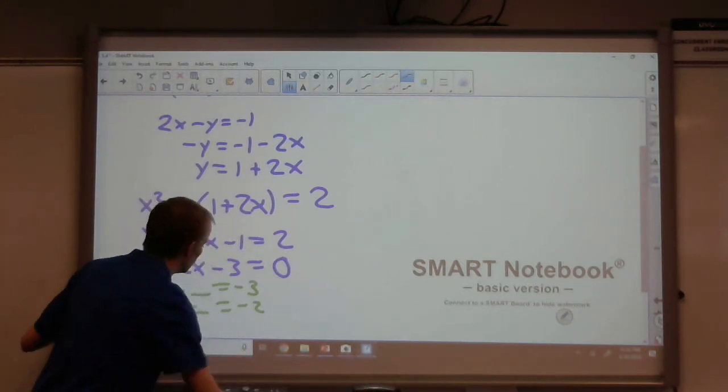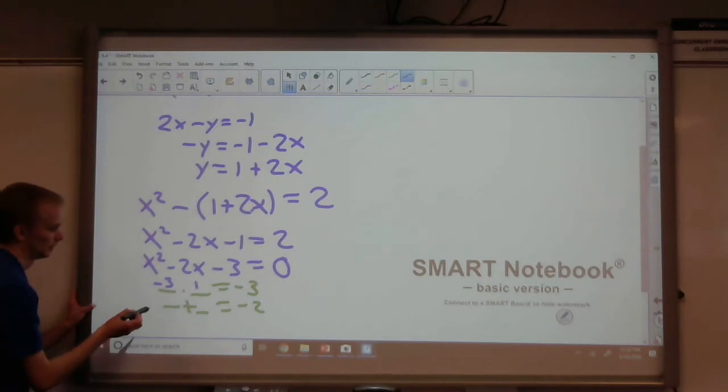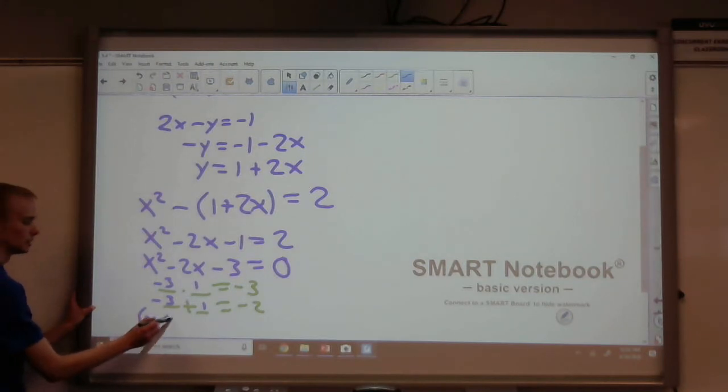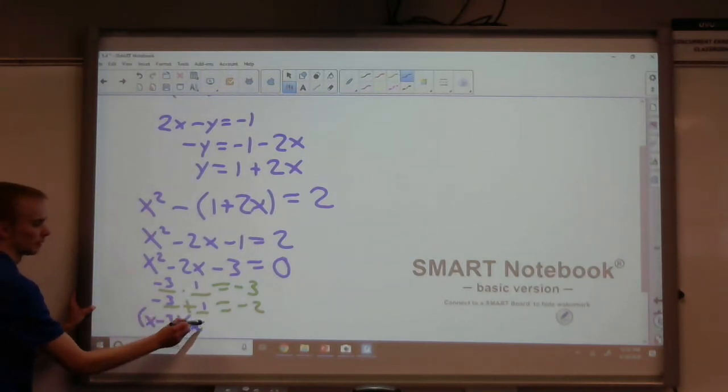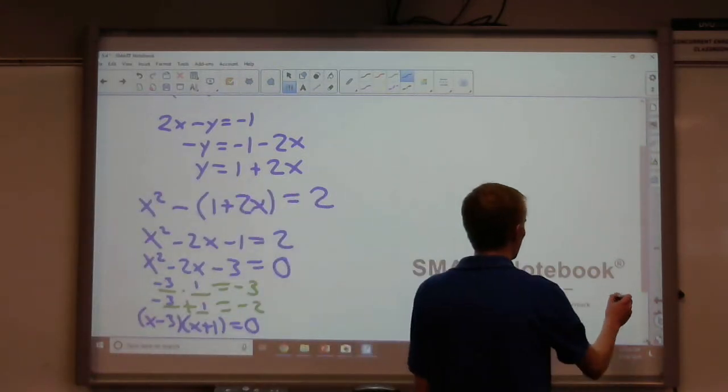Those numbers would be -3 and +1. So this would factor as x minus 3 and x plus 1 equals 0.